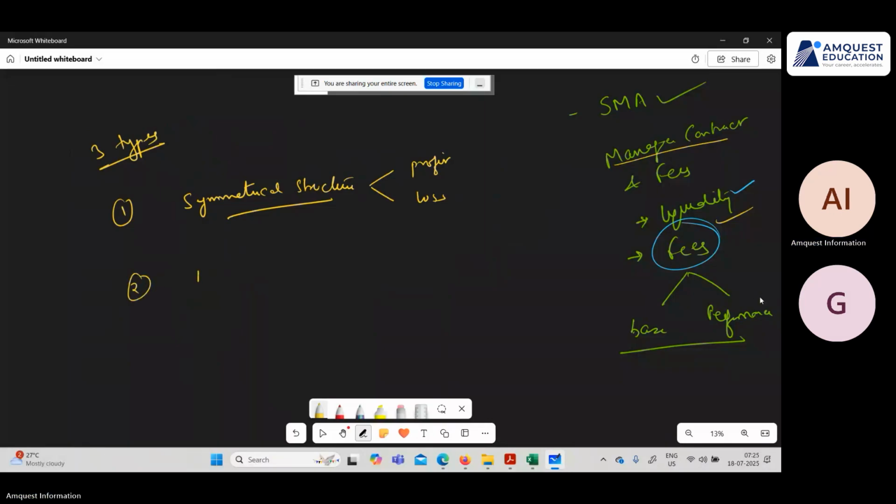Second one, bonus with full upside and limited downside.